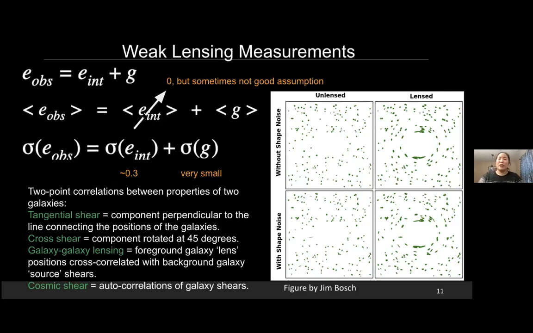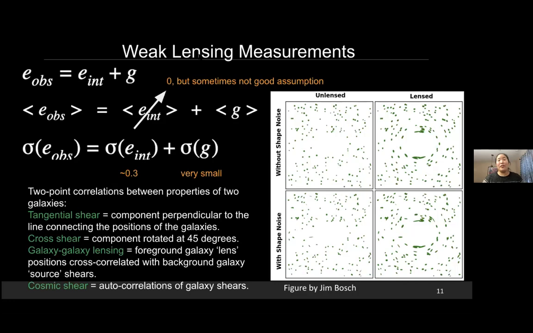And then we're going to assume that the mean intrinsic ellipticity is 0. And that's simply saying that without gravitational lensing in the picture, galaxy shapes across the sky are randomly oriented. And so on average, this distribution cancels out to 0.